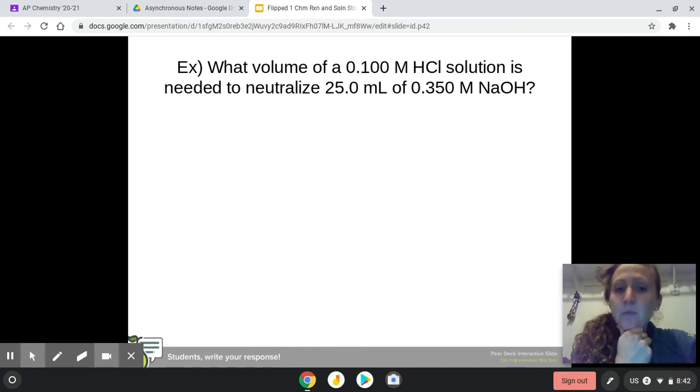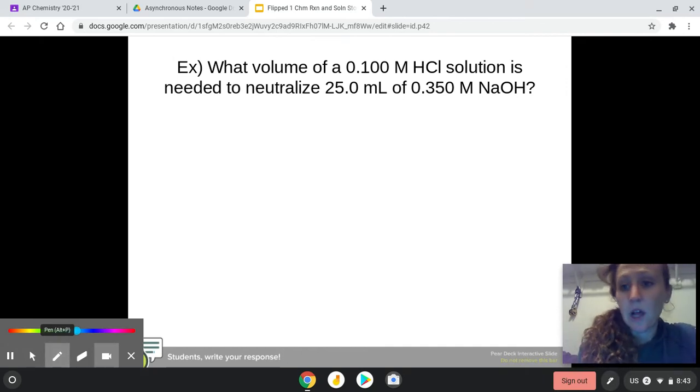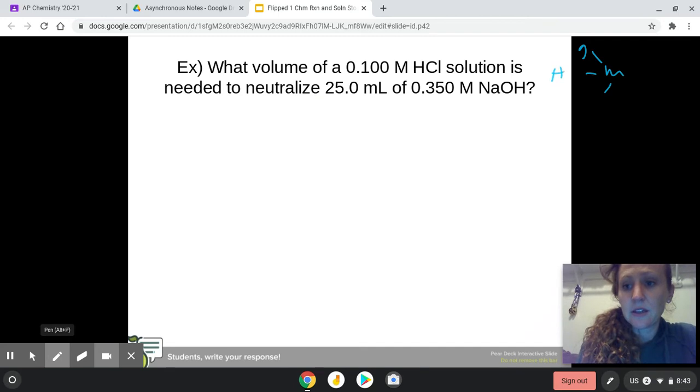Now, the math behind this is just dimensional analysis. That's all it is. And usually it's dimensional analysis within our very well marked mole hole.